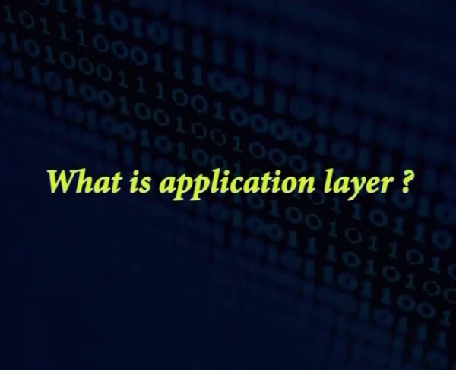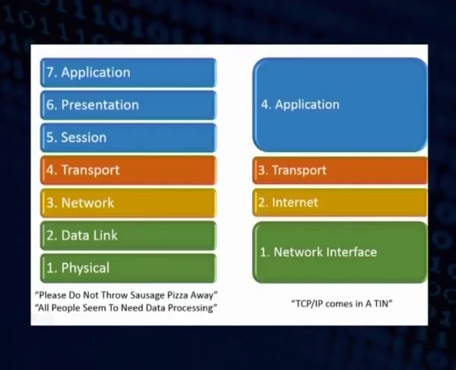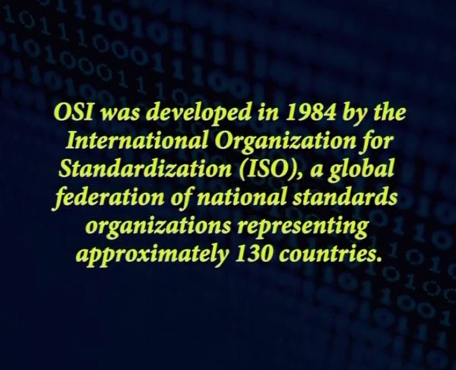What is application layer? Here is a diagram for the OSI reference model and TCP/IP model. Virtually all networks in use today are based in some fashion on the Open System Interconnection standard. OSI was developed in 1984 by the International Organization for Standardization, that is ISO, a global federation of national standards organizations representing approximately 130 countries.